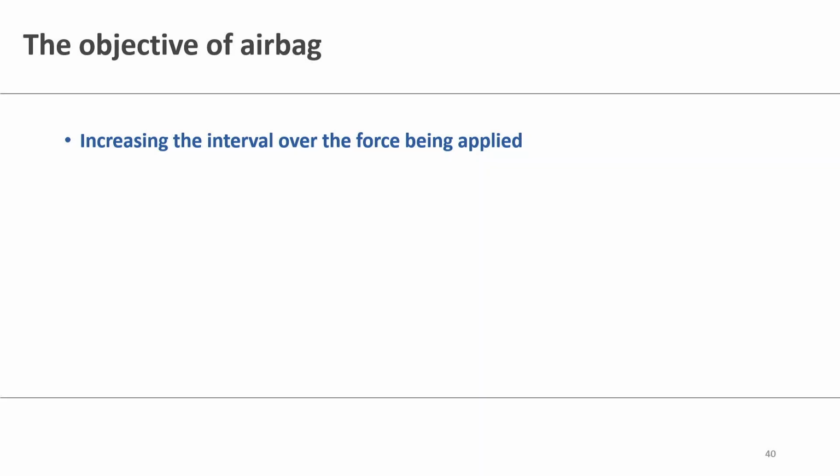So, the main objective of the airbag is to increase the interval over which the force is applied, spreading the force over a large area of the body.